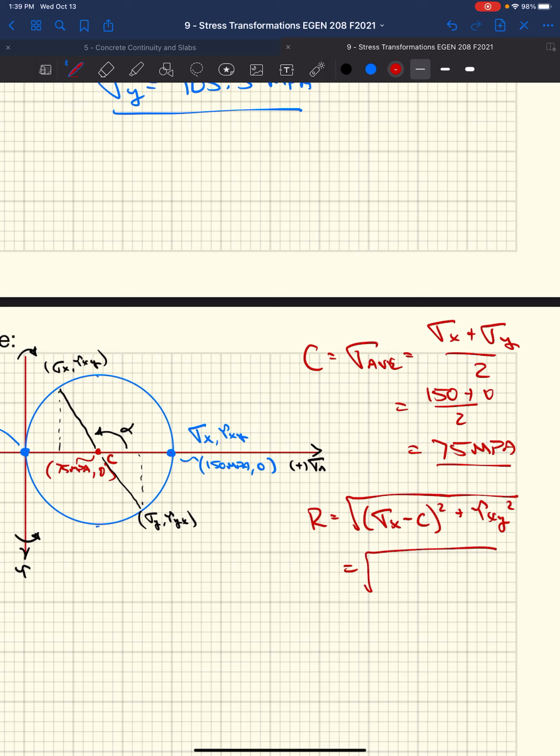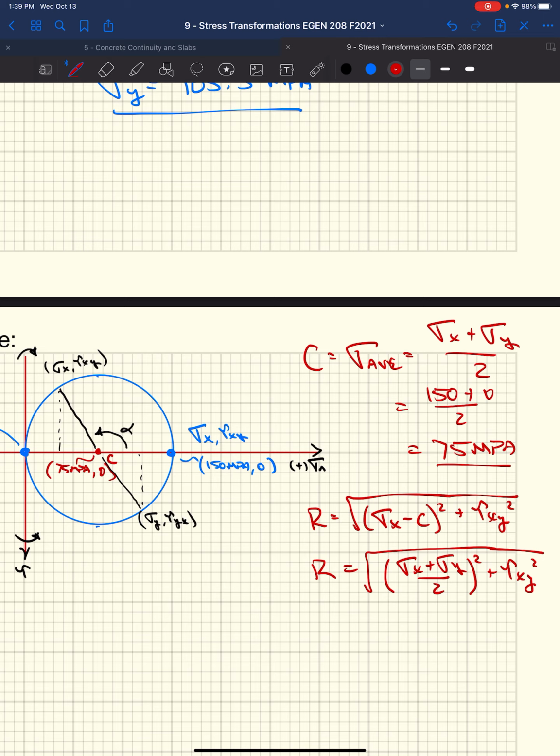Which equals sigma x plus sigma y over 2, squared, plus tau xy squared. Right? Essentially the average stress squared plus the shear stress squared, square root.